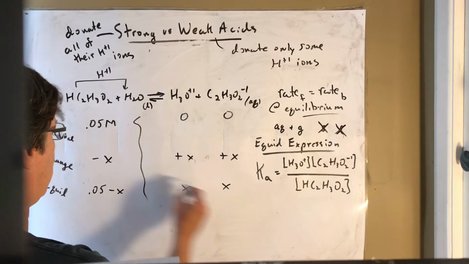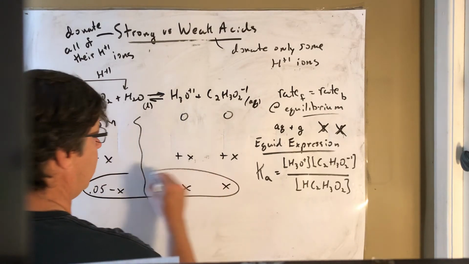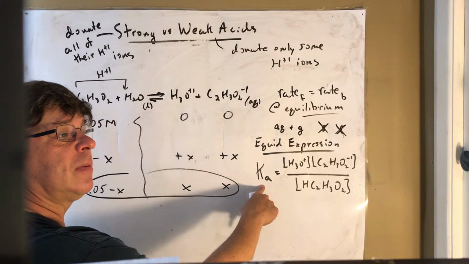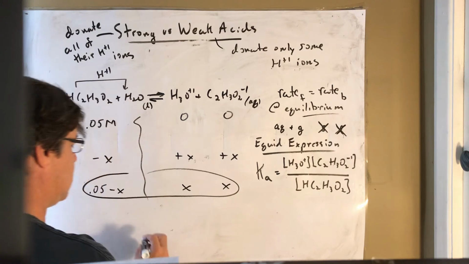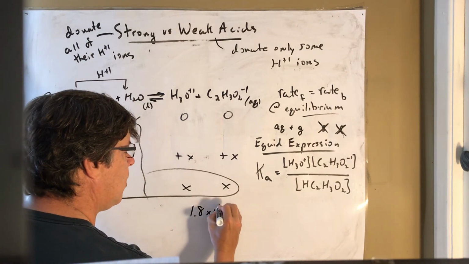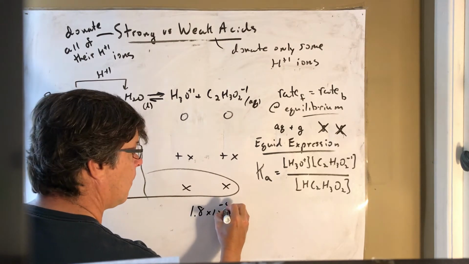Now, what we're going to do is throw this stuff into there. I already looked up the Ka for this. The Ka for this acid is 1.8 times 10 to the negative fifth.